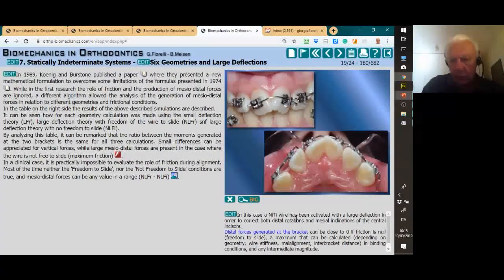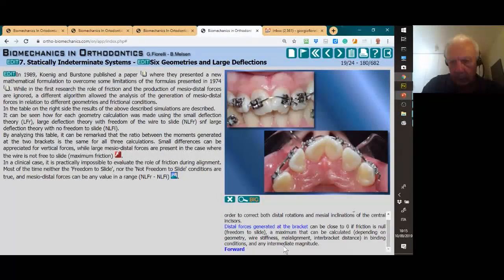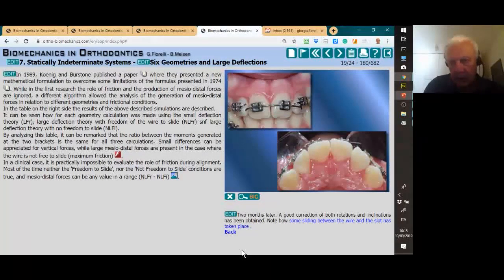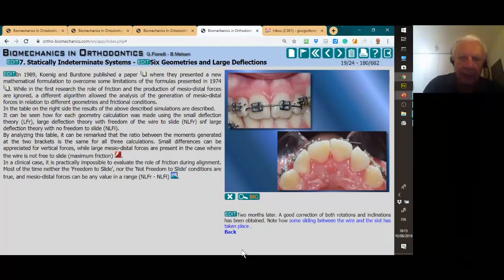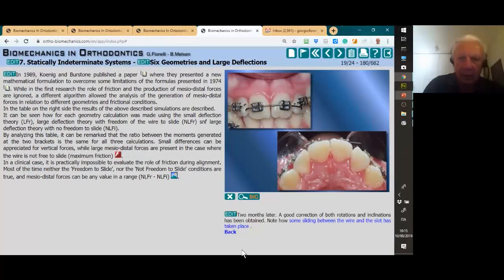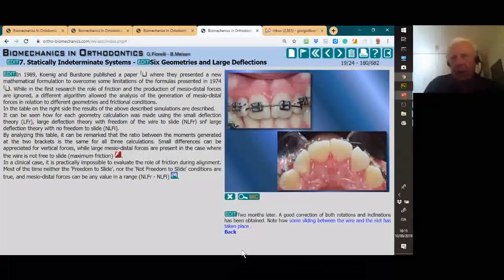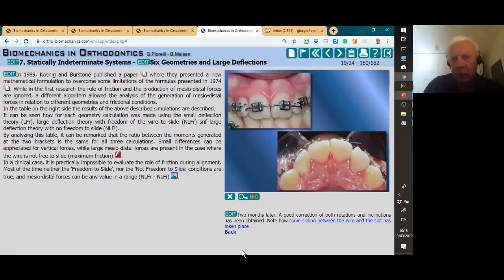Because, as you will see, I'm even opening space here and I'm creating space here. Why is this? Because friction is acting here, and in spite of the fact that the wire gets out of the outer part, friction has expanded these two brackets and these two teeth.